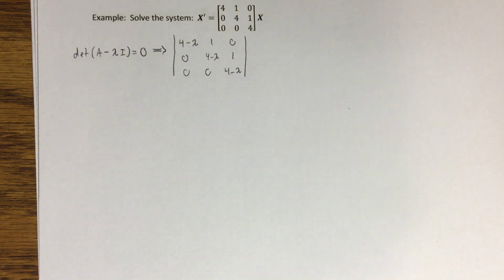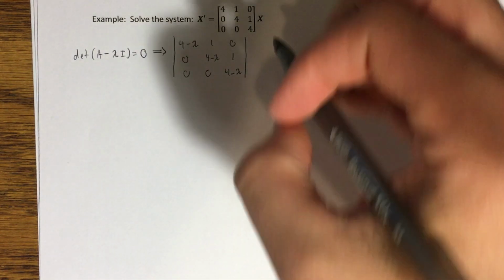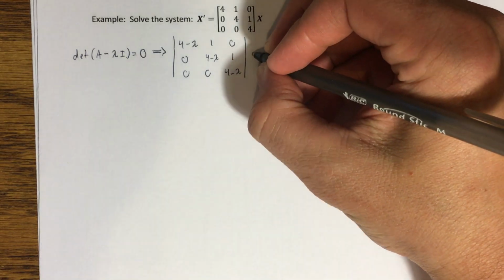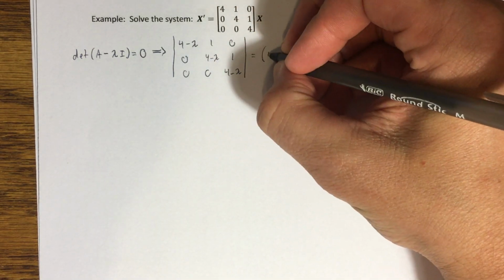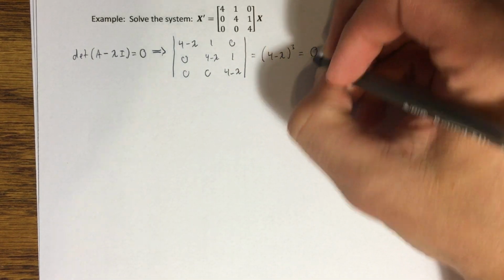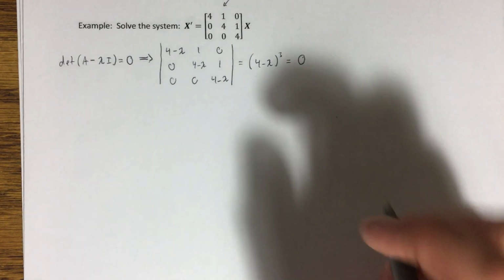Triangular matrices are very easy to take determinants of because the determinant of any triangular matrix turns out to always be the product of its diagonal entries. So this is literally just 4 minus lambda times 4 minus lambda times 4 minus lambda, or 4 minus lambda cubed. Okay? If you do that with cofactor expansion, you'll get the same result.